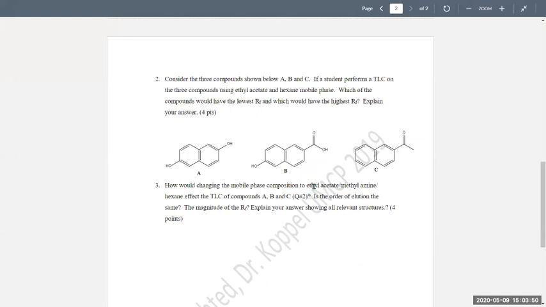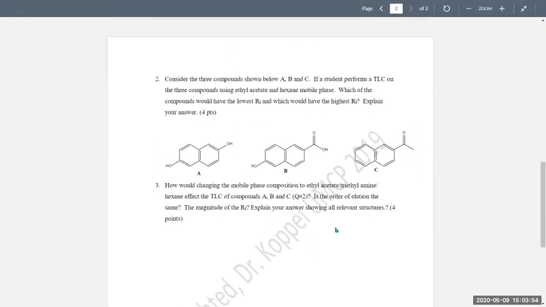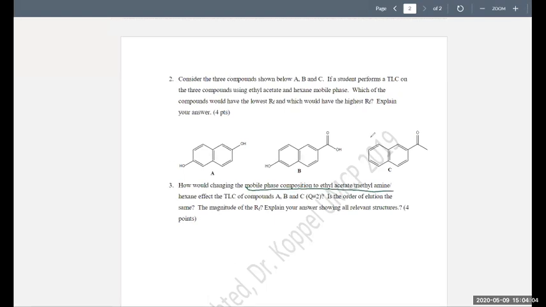And then here, another factor you have to look at. This is one of my favorite parts. So you can see, how does a changing mobile phase composition affect the TLC of compounds?